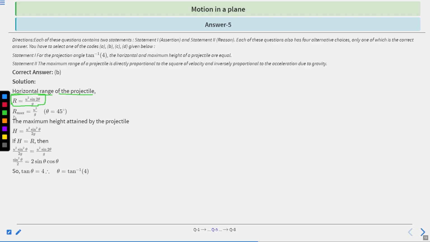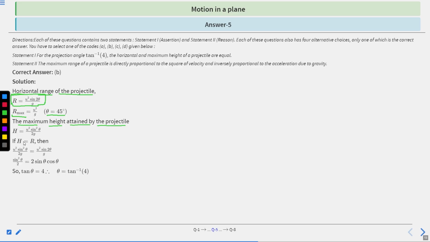For the maximum range, the angle should be 45 degrees. In that case, R maximum equals u squared upon g. The maximum height attained by the projectile, H, equals u squared sine squared theta divided by 2g.